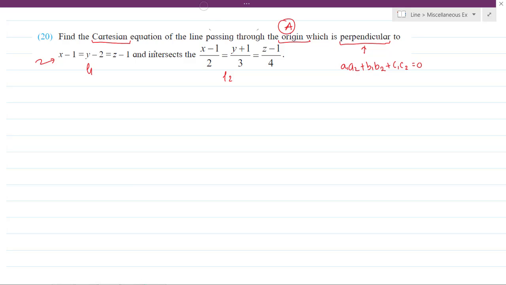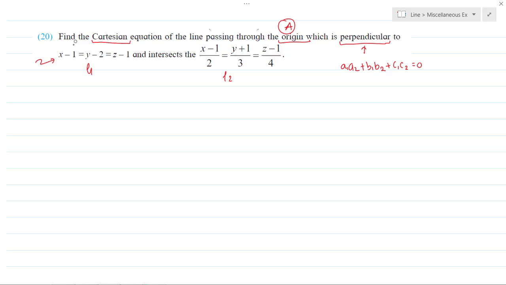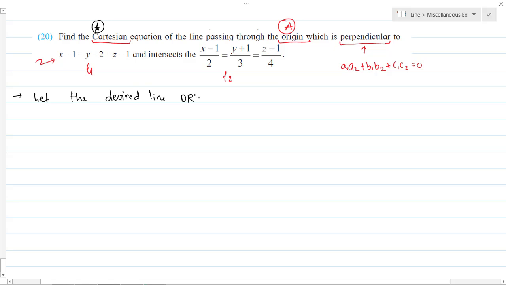So how to solve these types of questions? It's very simple. Let the desired line's direction ratios be a, b and c.